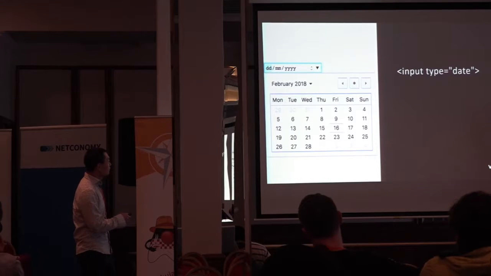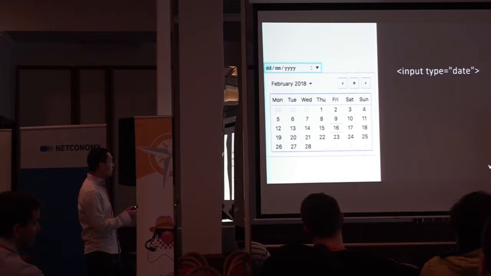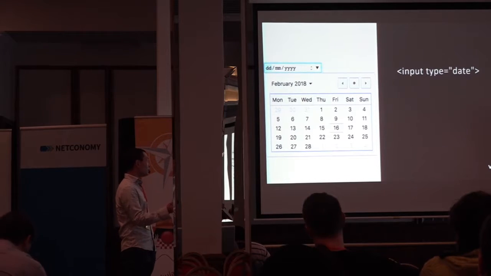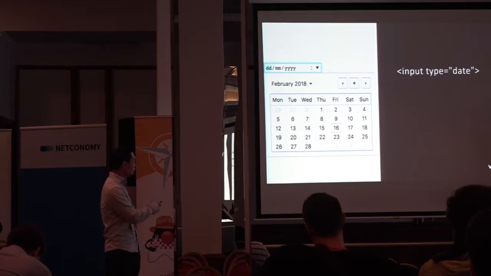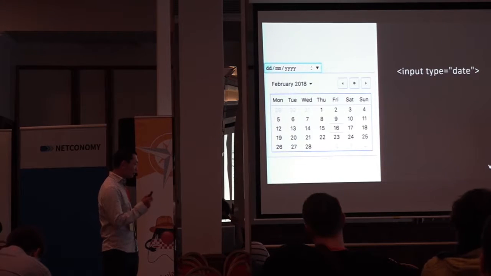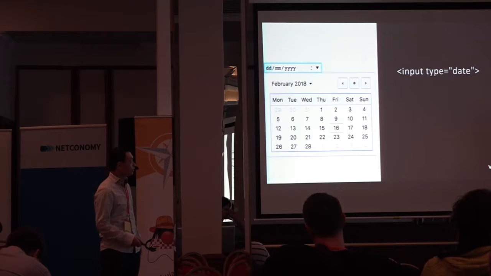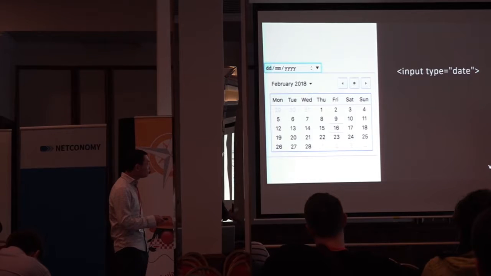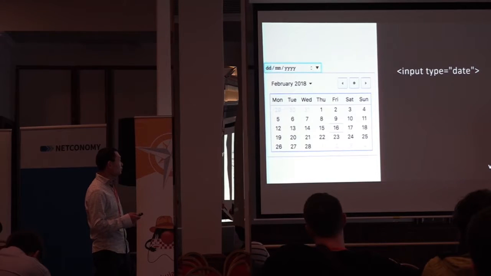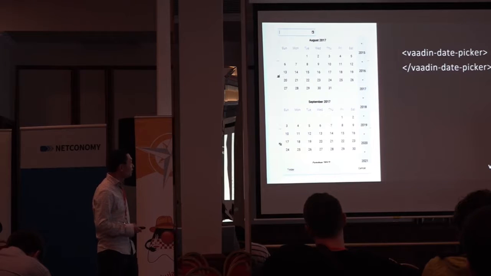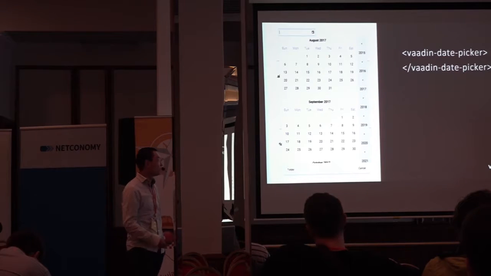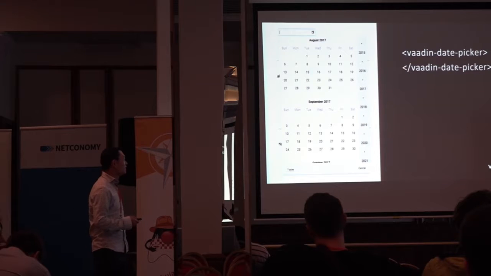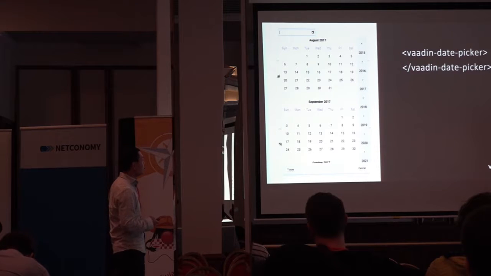To use this HTML5 standard element, you just put input type date, and you will have the HTML5 date picker in your application. But as most of you said, you didn't really like that because it's not user-friendly or beautifully designed. Luckily, Vaadin provides an awesome, user-friendly, beautifully designed Vaadin date picker, so you can just put this tag into your web application and you would have this date picker.